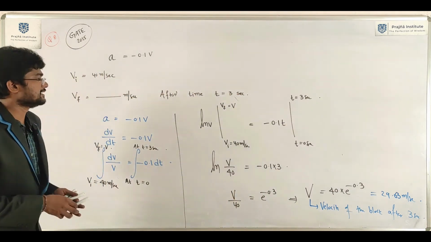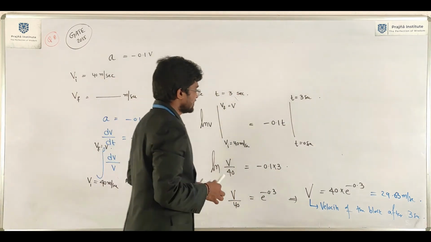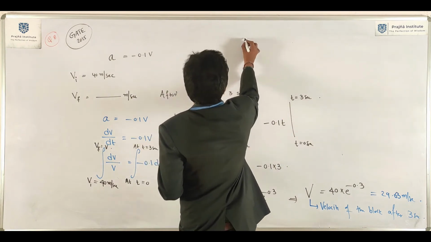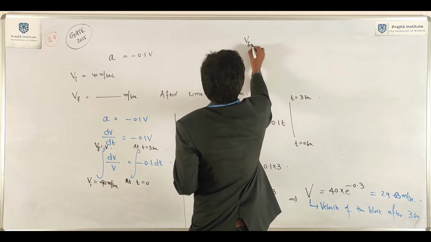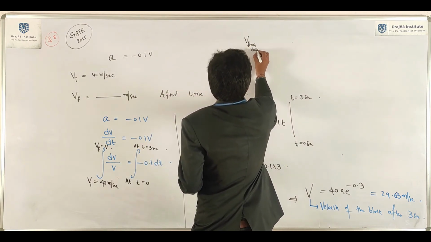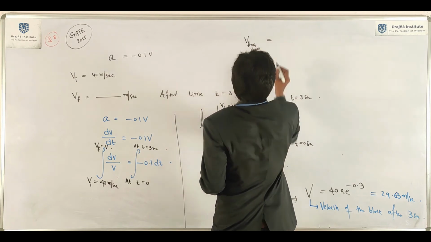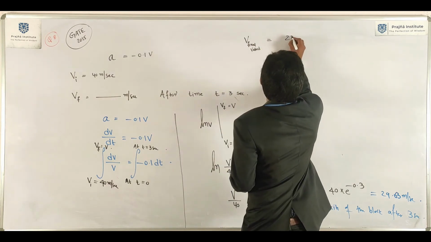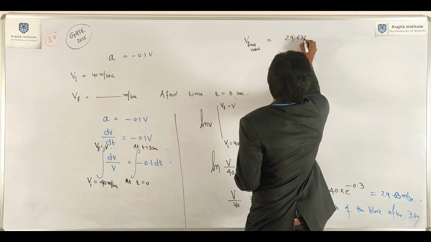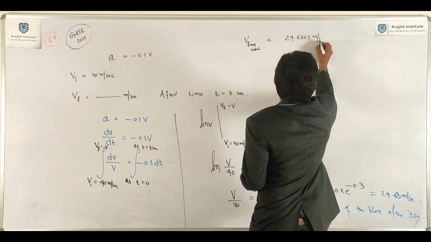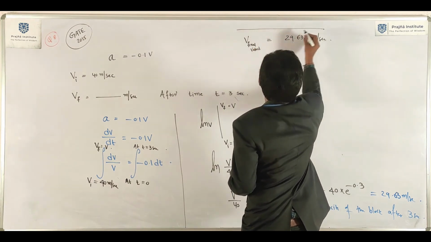Just apply the limits. Finally, what is the answer? Final velocity is nothing but 29.6327 meter per second.